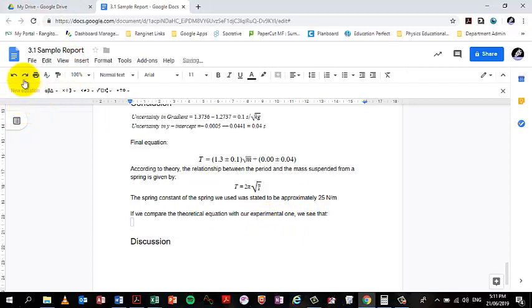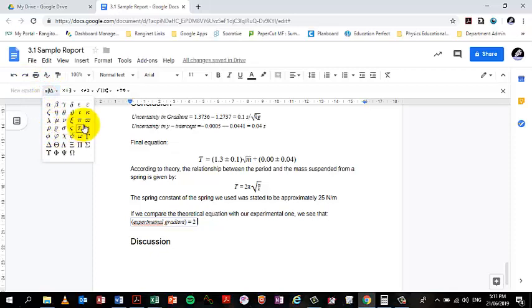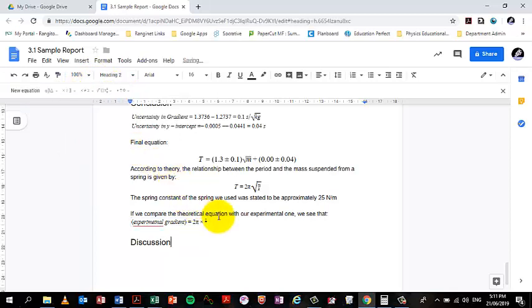The experimental gradient should be equal to 2 pi times 1 over square root k.